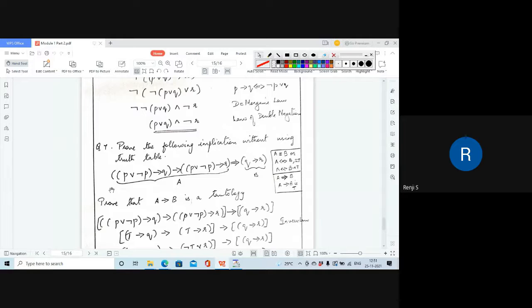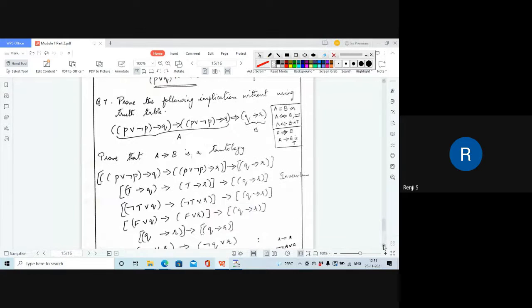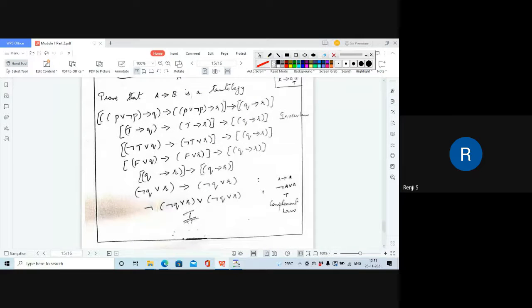Write A first, then the implication symbol, and then B. Finally you have to prove that it is a tautology. What do you mean by tautology? You have to prove that at the end it will turn out to be true. Is it clear?